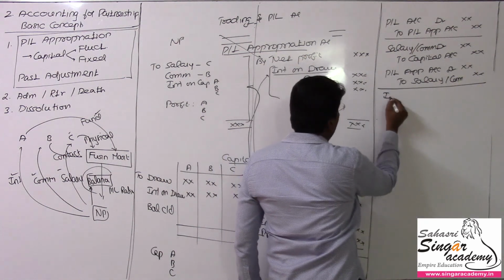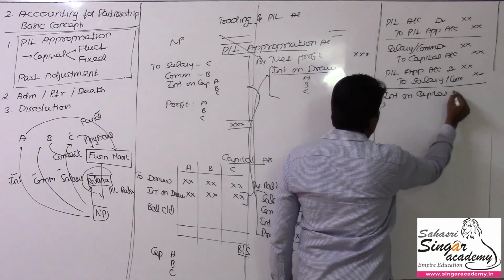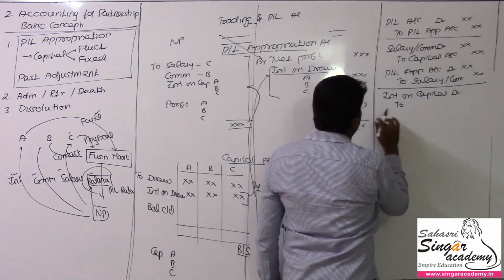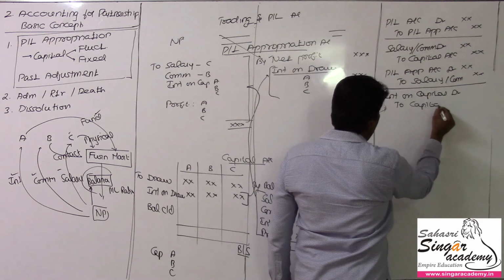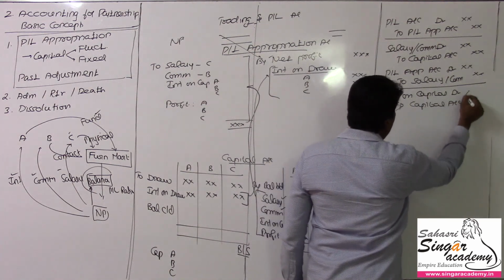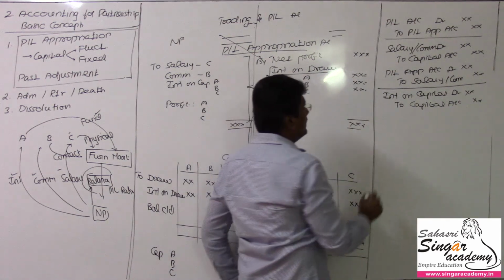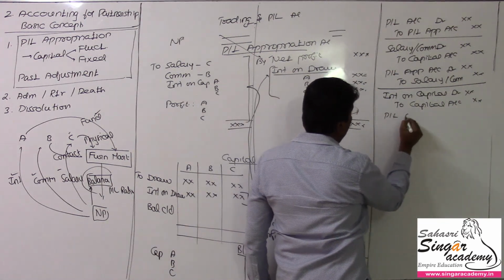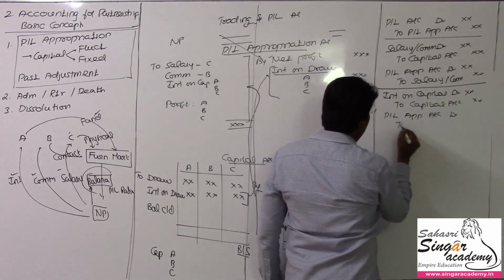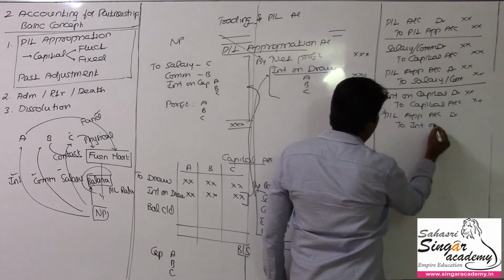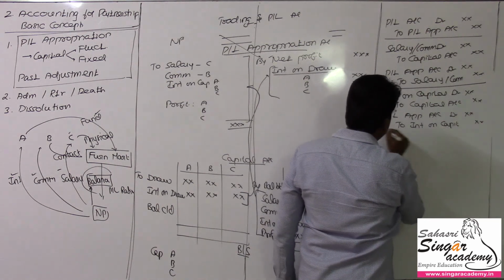So interest on capital account debit to partners' capital account. And next, this interest on capital account should be transferred to the P&L appropriation account. So P&L appropriation account debit to interest on capital account. I hope you can understand the second one.